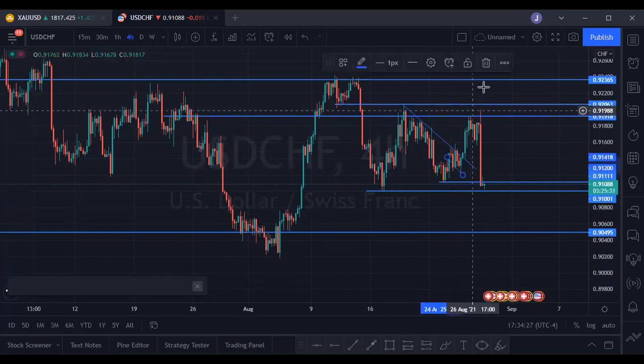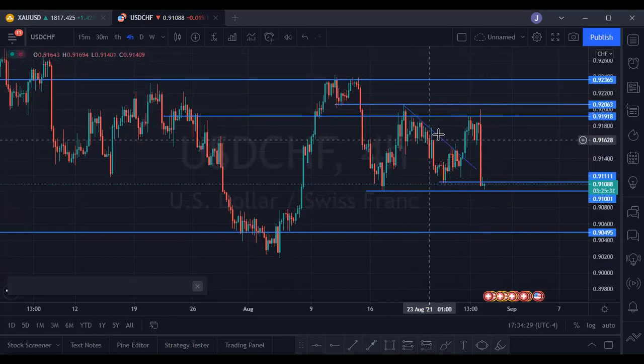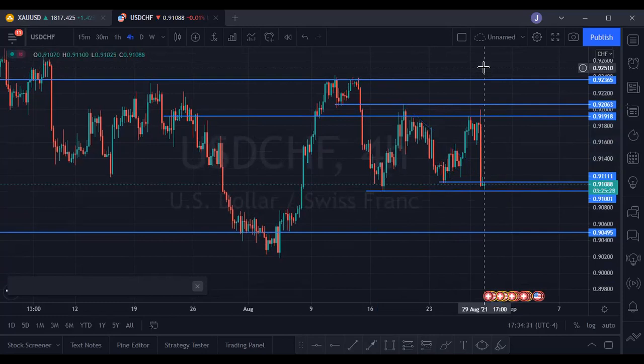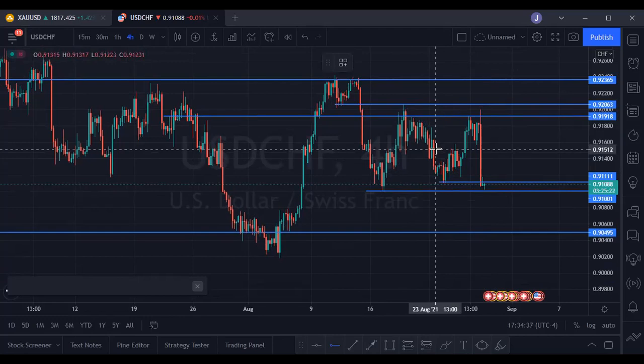I'm expecting also a pullback before the down move continuation. That means I'm expecting price to move 60 to 70% of the sponsor candle, which is to this point, then down to this point.